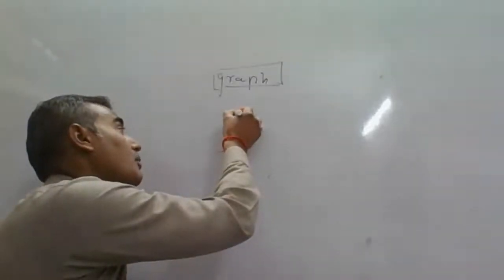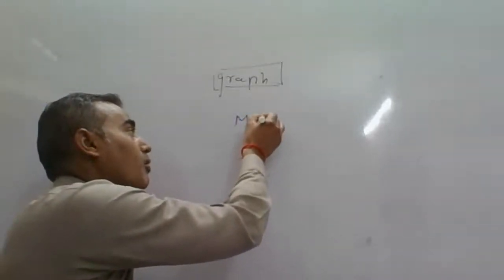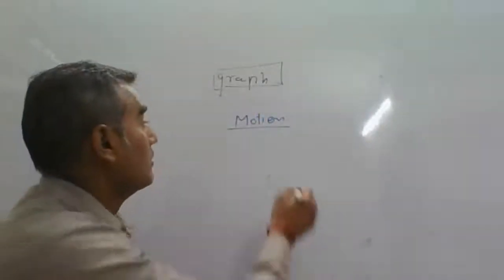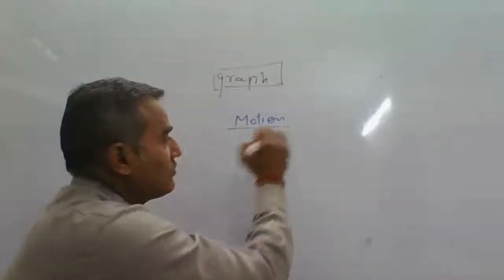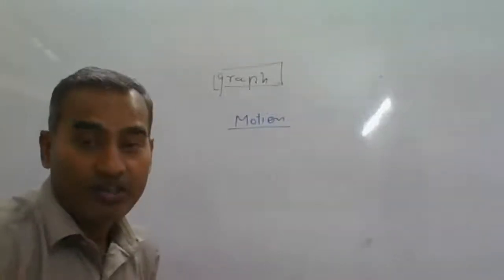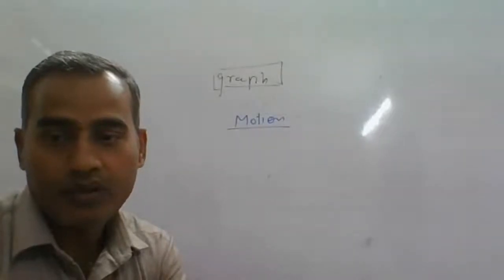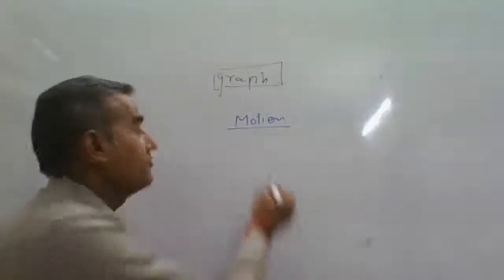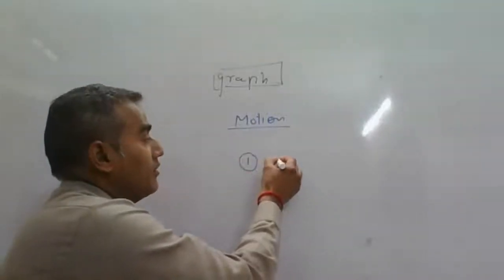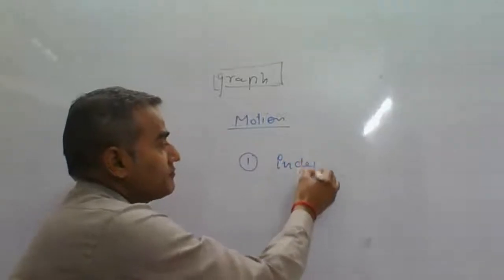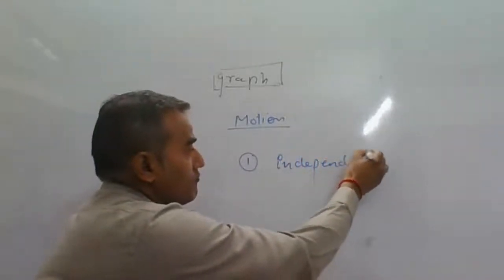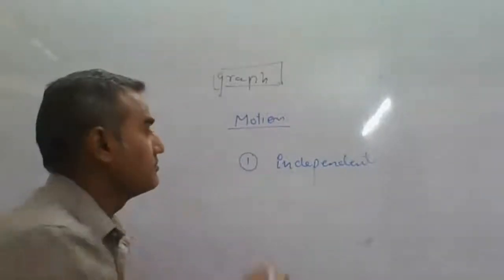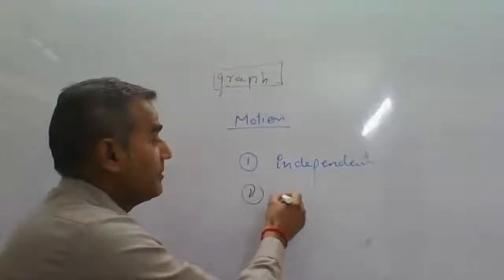Here we need to define motion. Motion needs to be defined by distance or displacement and time. Therefore, we have two quantities. One is independent, the other is dependent.